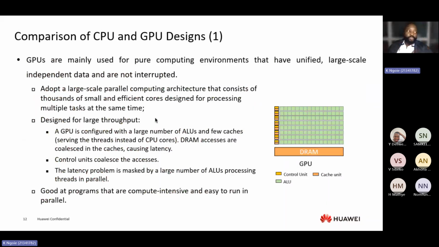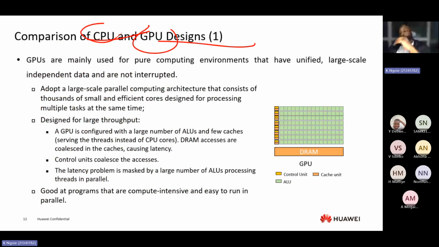Now to compare CPU to GPU, remember CPU is a central processing unit and GPU is a graphical processing unit. CPU is mostly doing all the simple operations that software do, like opening a software, saving, and all those things.